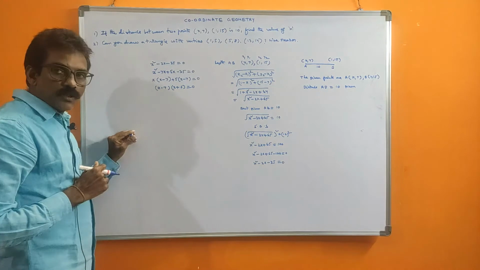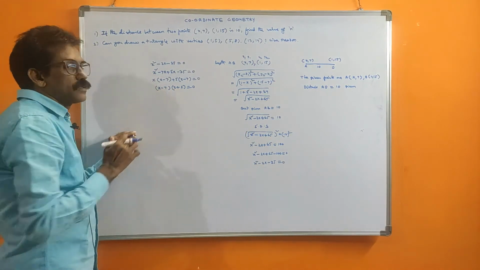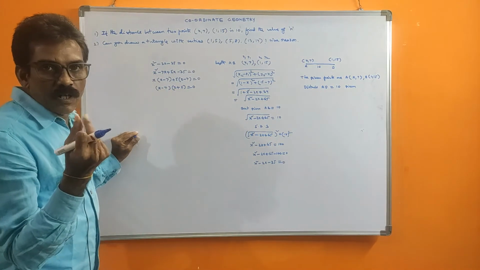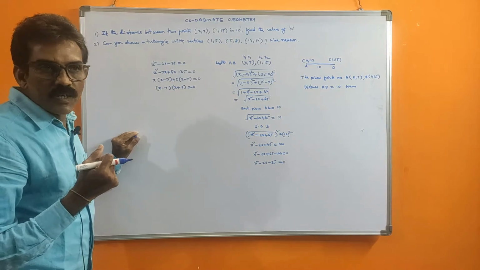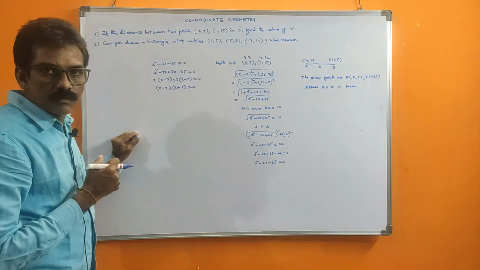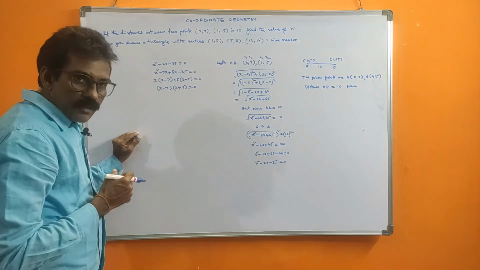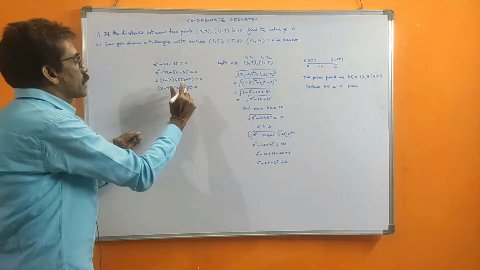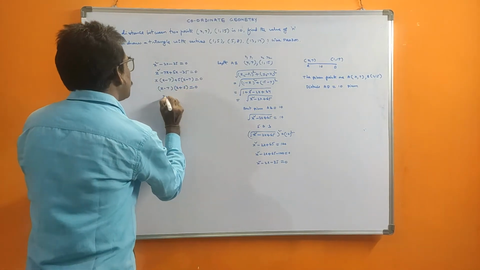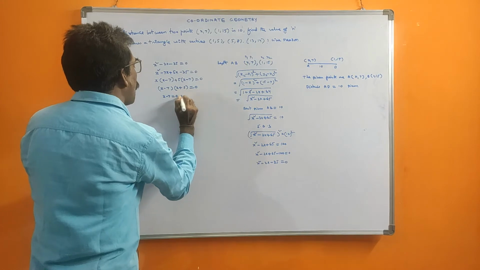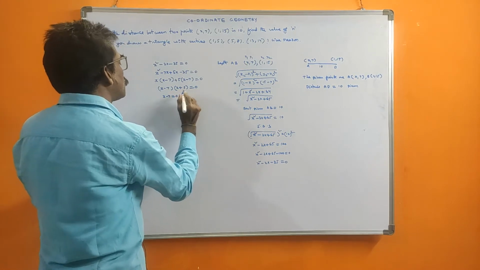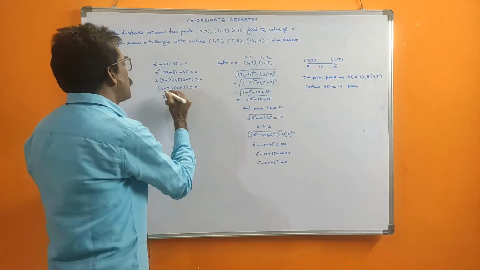Two products are 0 means either this or this is 0. When the product of two numbers is 0, one number is 0 only, and that makes the product 0, that we know. That's why in this case x minus 7 is 0 or x plus 5 is 0, not both. No need for both. Any one 0 means total 0.